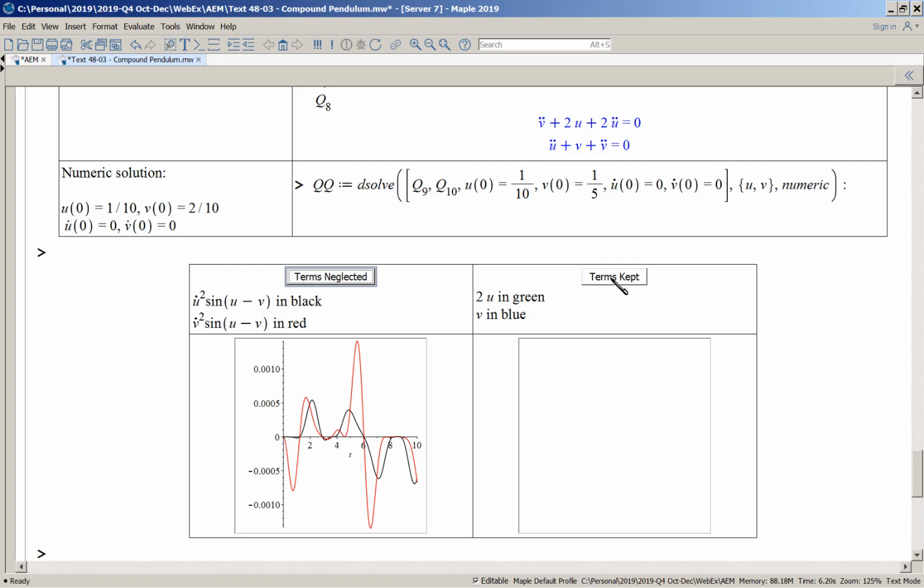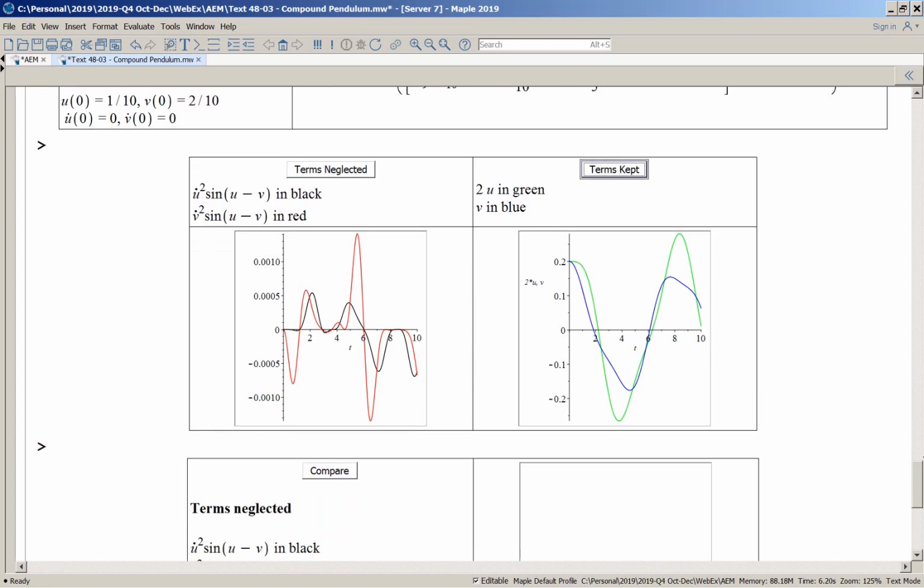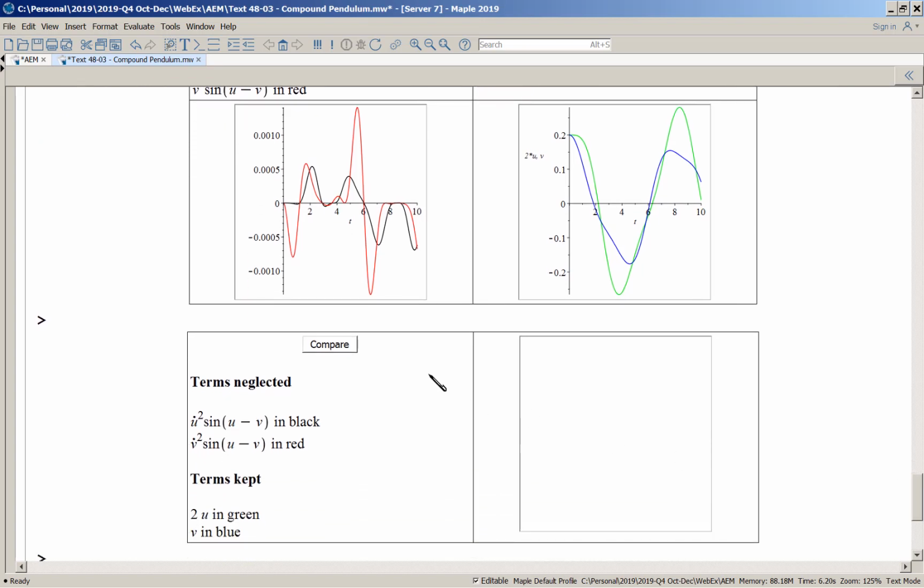And here are the terms that are kept, and these are on the order of 2/10. And if you draw the graph of these two together, terms kept, and look how much smaller the terms neglected are. So here is some insight that I could never have gotten without a tool like Maple to easily and simply do a numeric solution and draw the resulting graphs.